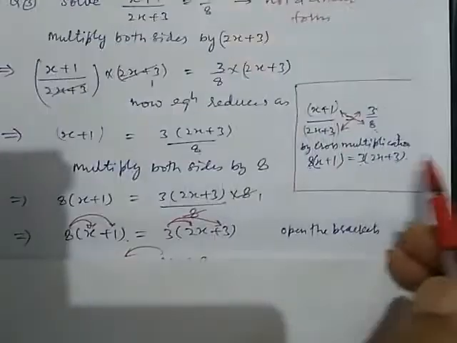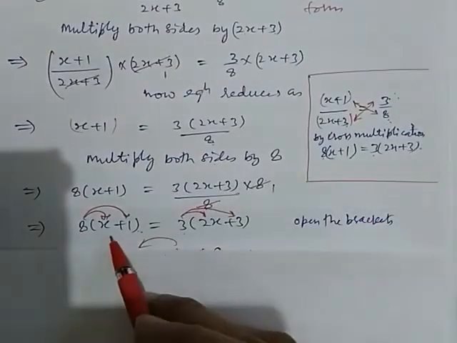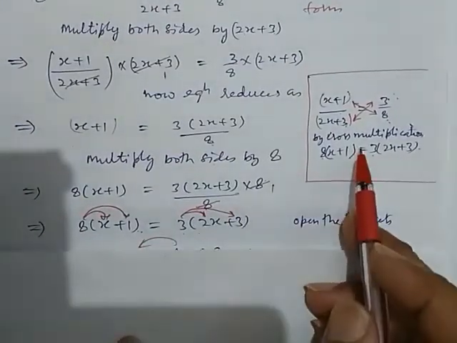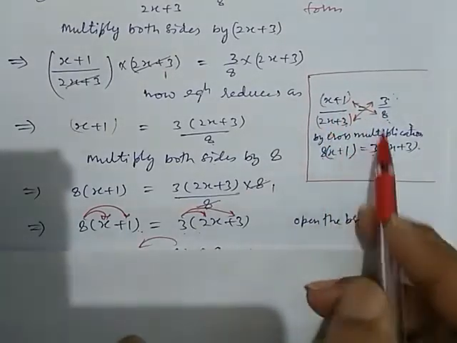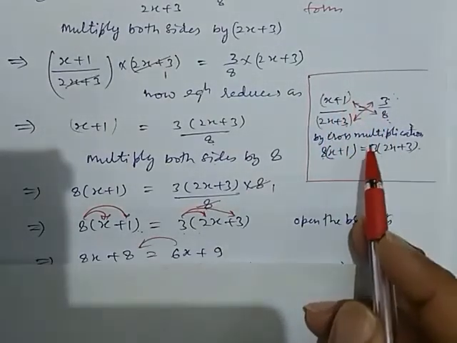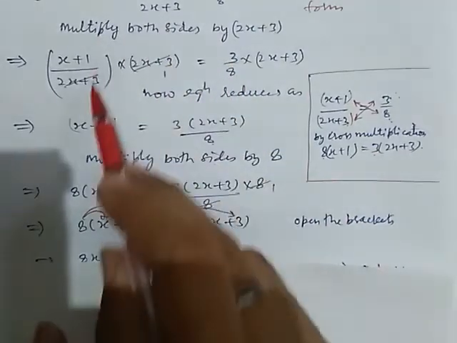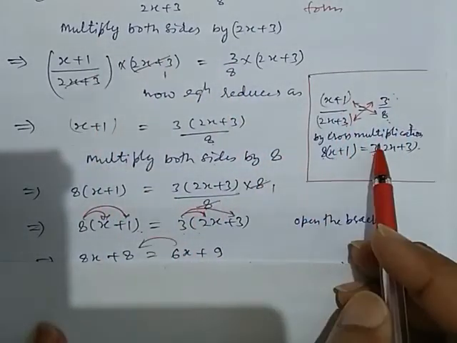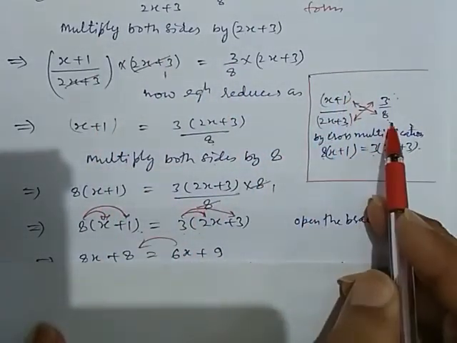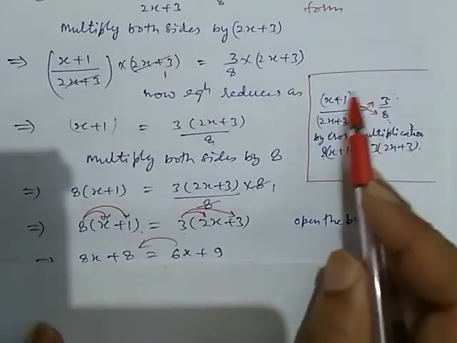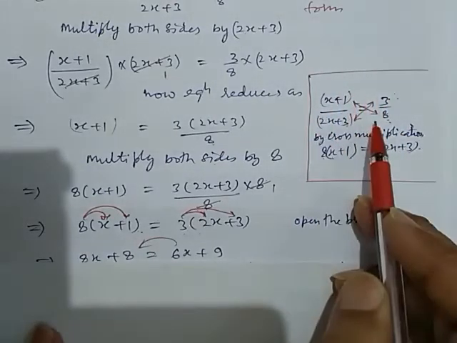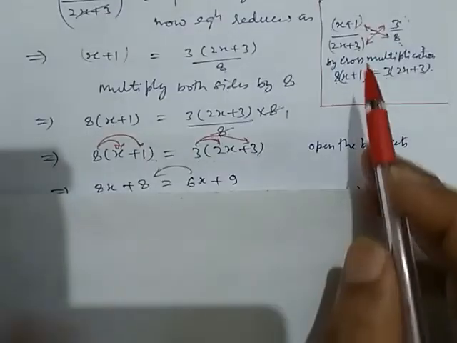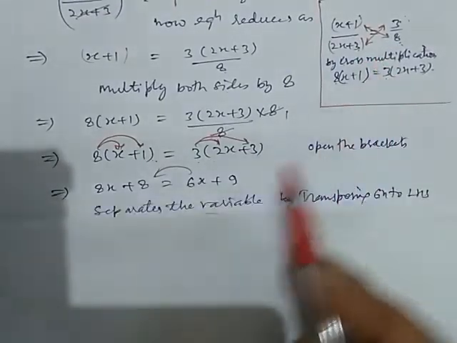Now compare this result, it resembles this result, and it is a very short method. Whether you use this method or that method, this method is very simple and has no chance of error. Okay. So next time we will consider this method.